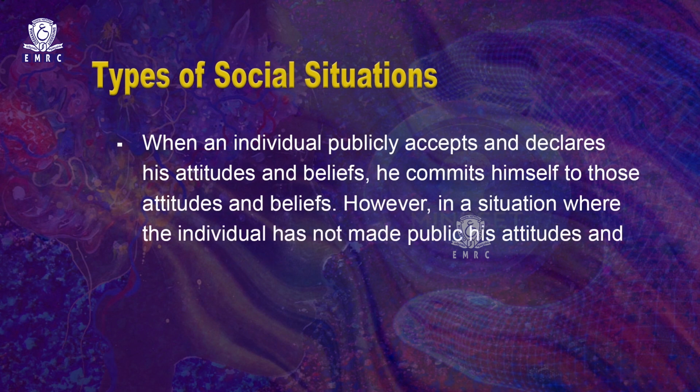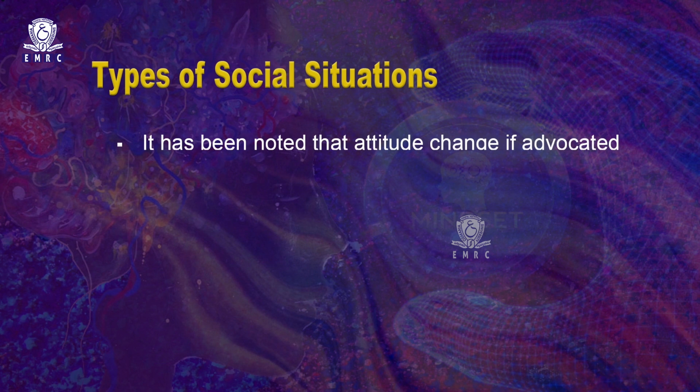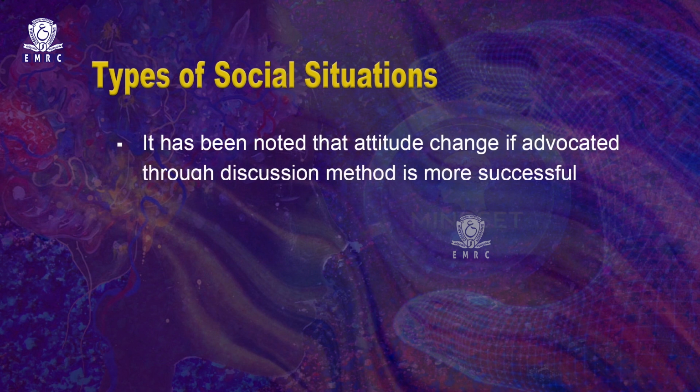However, there is a situation where the individual has not made his attitudes and values public, that means his commitment is private and not public. It has been noted that attitude change, if advocated through the discussion method, is more successful than the lecture method. So, these are some of the conditions or social situations in which there is an influence.